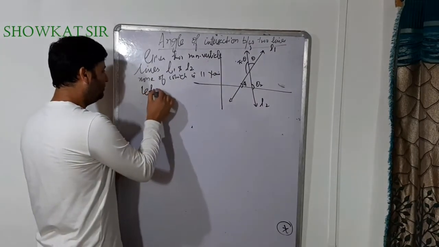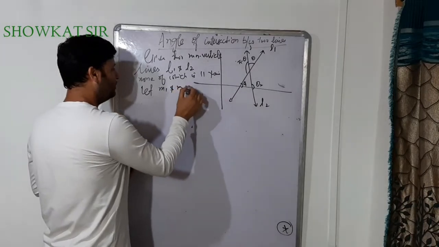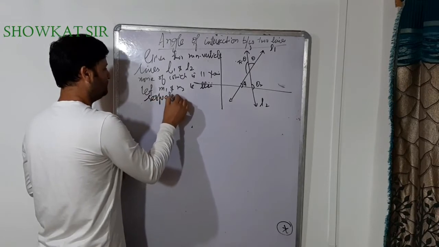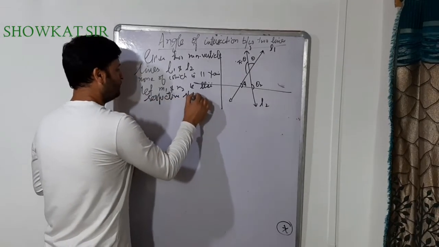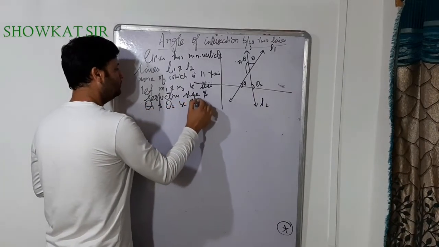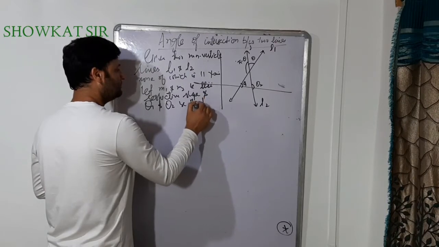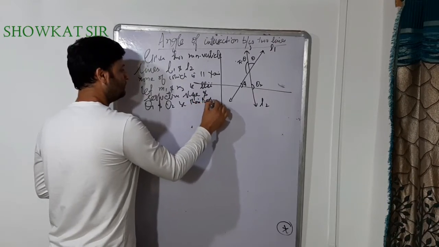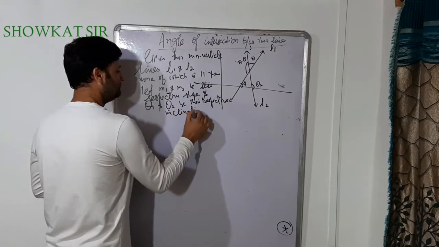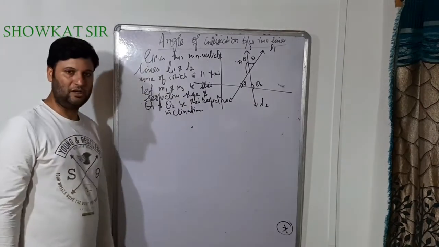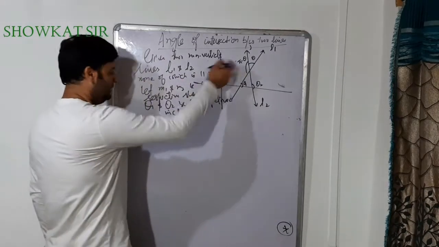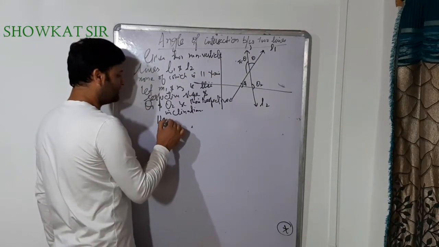Let M1 and M2 be their respective slopes, and theta 1, theta 2 be their respective inclinations. Now, here we have two angles of intersection.